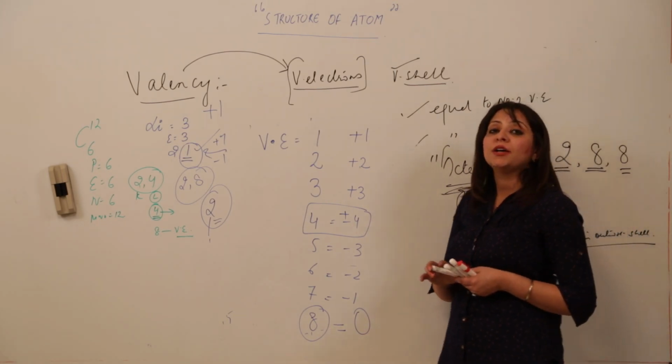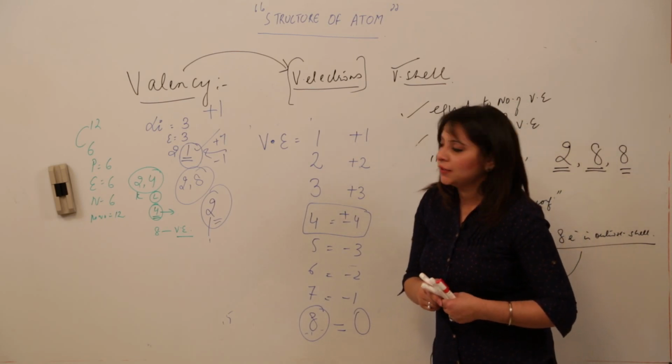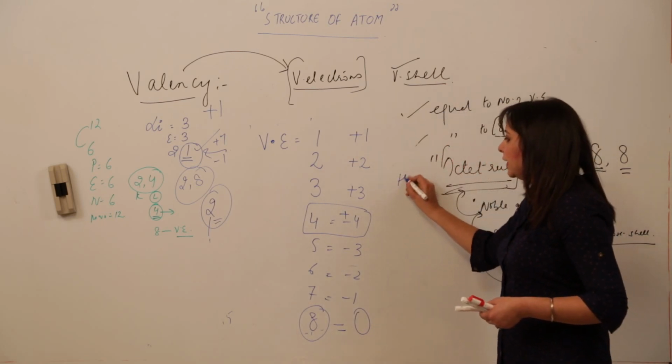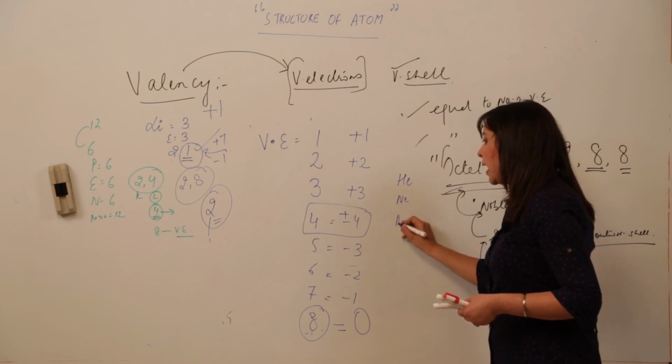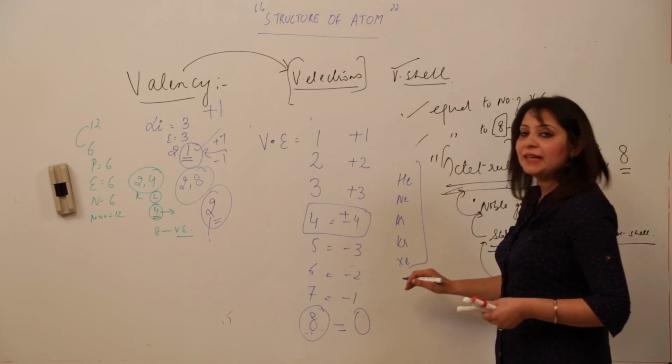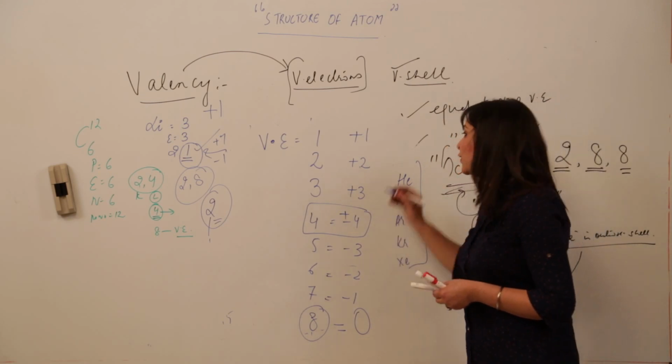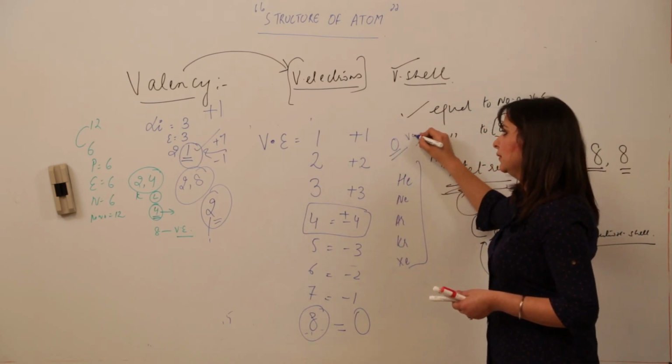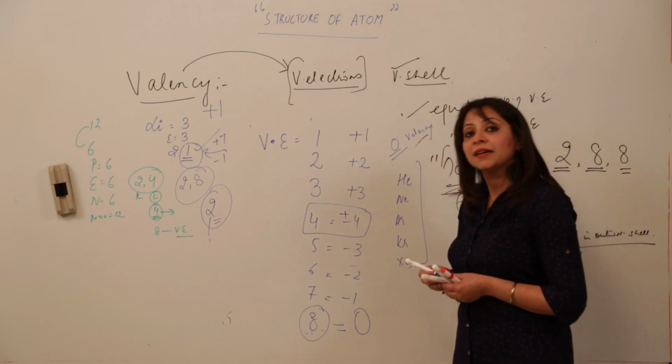Those elements are called noble gases. So noble gases are helium, neon, argon, krypton, xenon. All of these gases have complete octet with 0 valency because their octet is complete.